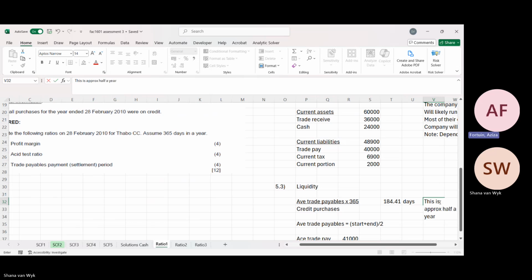It could also mean that the company is holding on to its cash to be used for other investments, or that the company is struggling to pay its bills. Once again, it's also industry dependent.